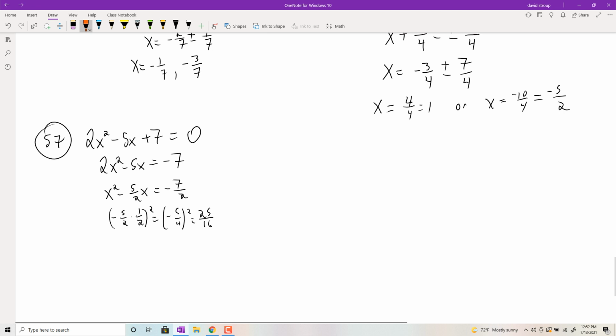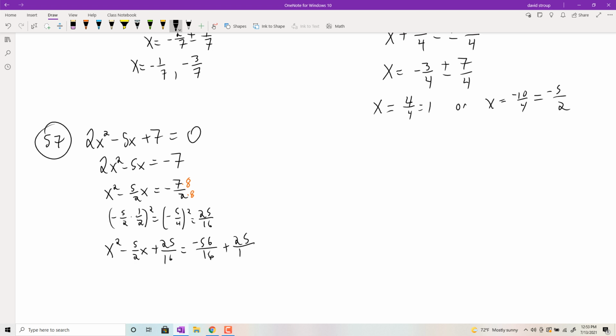I'm going to need a common denominator eventually, so we'll multiply top and bottom of that guy by 8. Anyways, I got x squared minus 5/2 x plus 25/16 equals -56/16 plus 25/16.